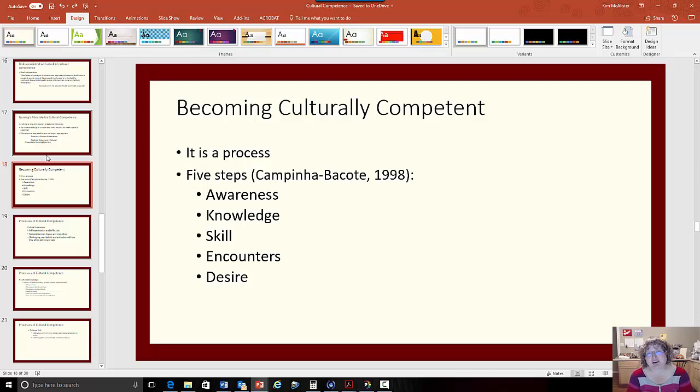Then you're going to use your awareness and your knowledge to develop skill. Skill in conducting a cultural assessment, skill in providing competent care. And this happens when you seek out encounters.